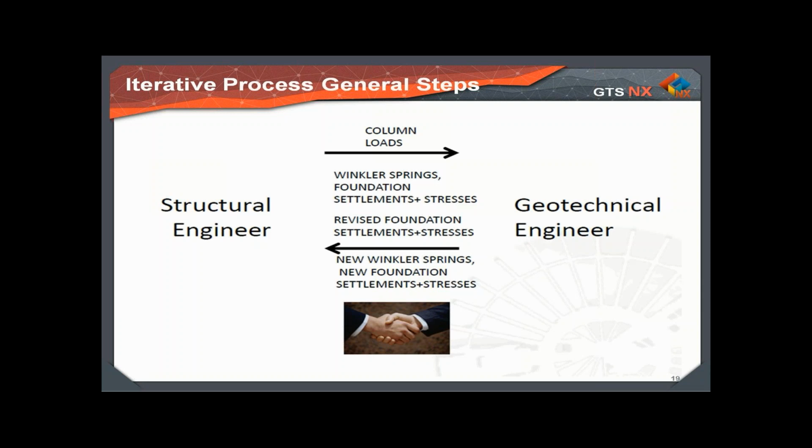Then the structural engineer runs their model and determines the foundation settlement and the stress under the loads. They compare with the geotechnical engineer and either they are close, or the geotechnical engineer needs to revise the springs and come up with new foundation settlements and stresses. This process keeps going until the settlements from the structural model and geotechnical model are close.